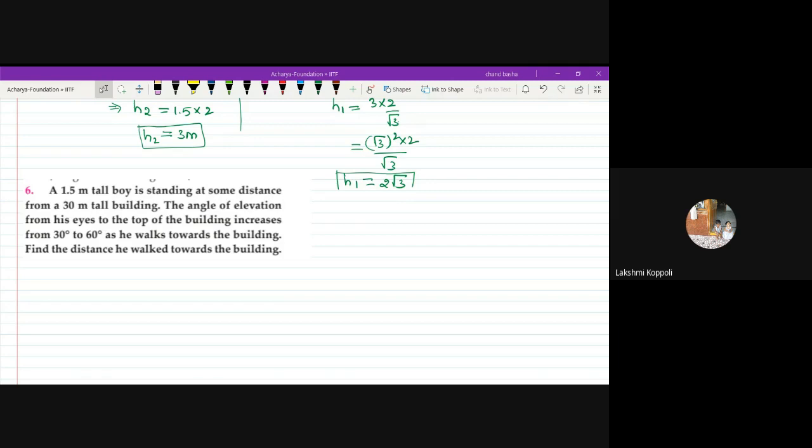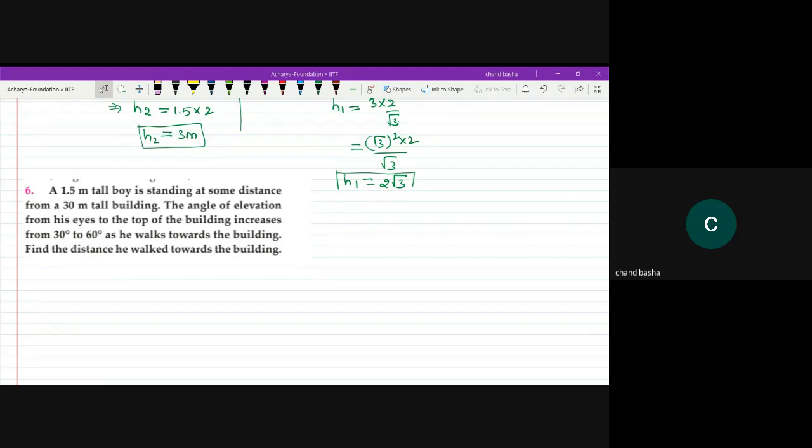Sir, we should find the X value, no, sir? Where is X? X is not given to you. What is meant by X here? Distance walked towards the building, sir.